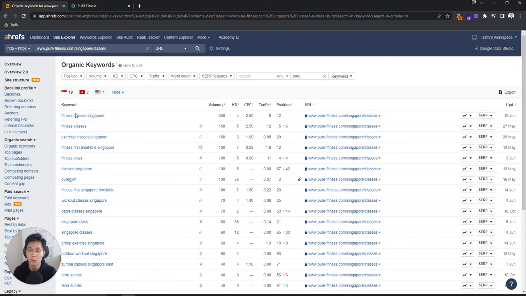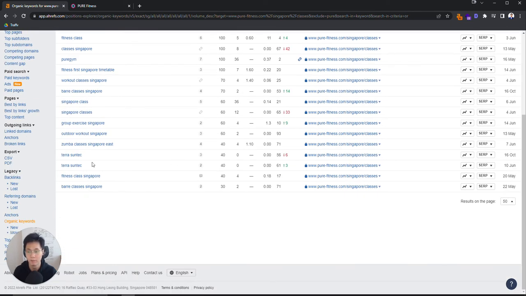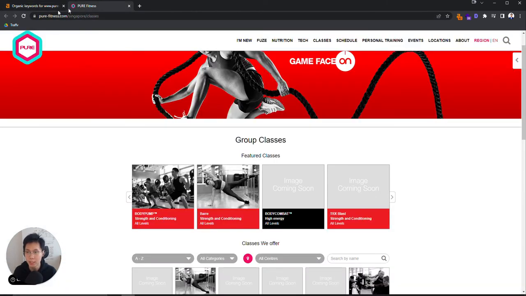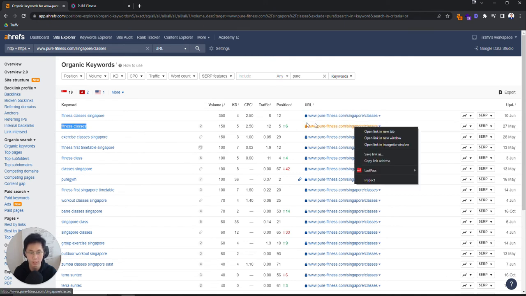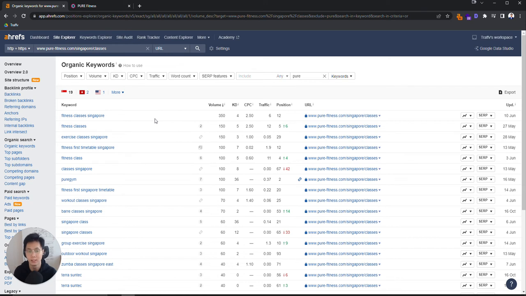Because people who are looking for fitness classes in Singapore are looking for fitness classes. Unlike if they are looking for Zumba classes, then they want to land on a page that only talks about Zumba classes. So as you can see, this is a generic one, so this matches the intent. Fitness classes could also be relevant because when people are looking for fitness classes, they are looking for generic classes.